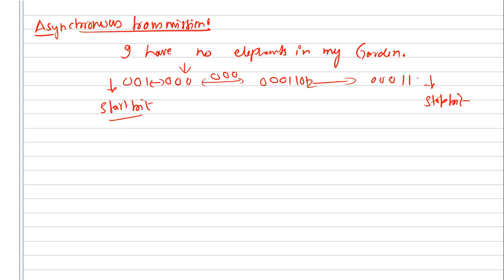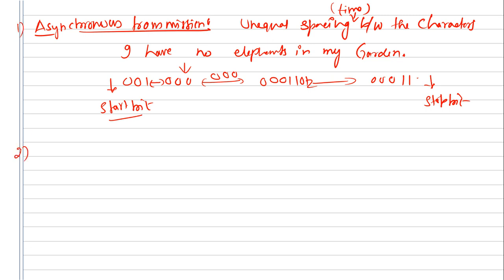You should remember that here there is unequal spacing between the characters, and they can be of unequal length. The time interval between these two characters, this unequal spacing that I told, is in the time domain. So this is regarding asynchronous.